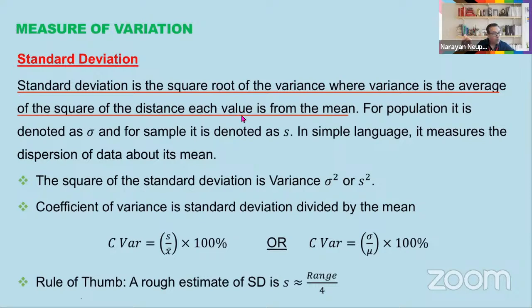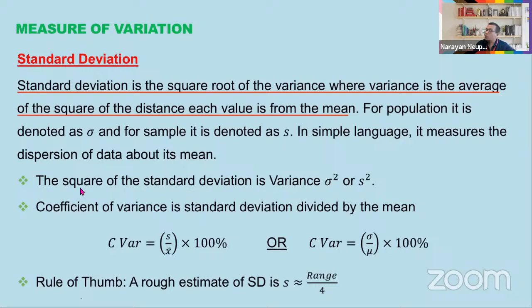If you remember from your first module, when you talk about the difference between sample and population, we say that the standard deviation is denoted by sigma. Look at this one, lowercase sigma for population and lowercase s for sample. Okay, for the population, it is sigma, and for the sample, it is s.